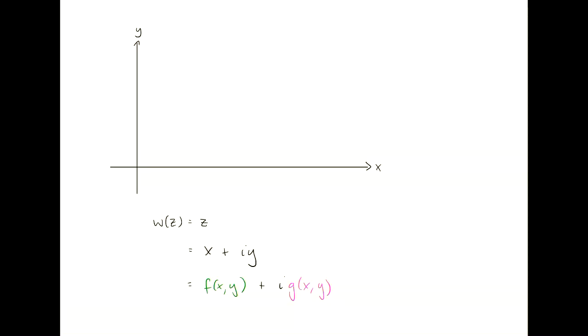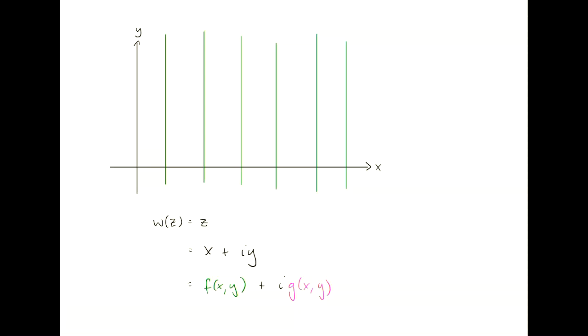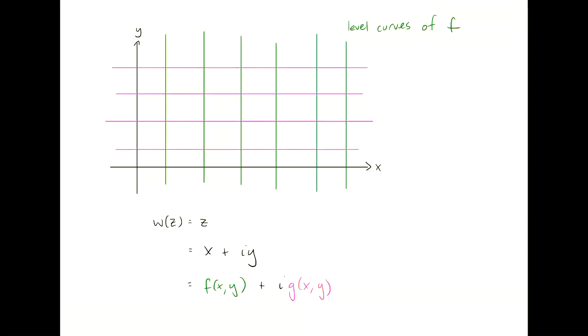Okay, so lines where f of x are constant are lines where x is constant. So here are my level curves of f, my potential function. And here, level curves of g, which is y, so lines of constant y, are my streamlines.